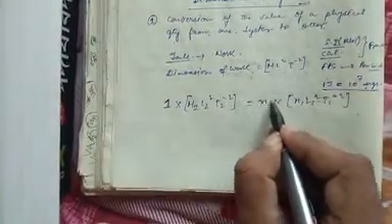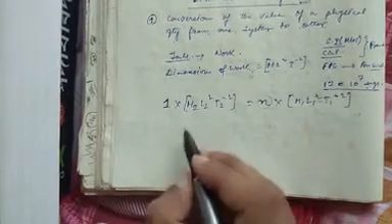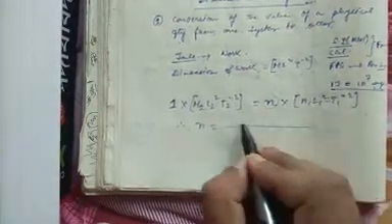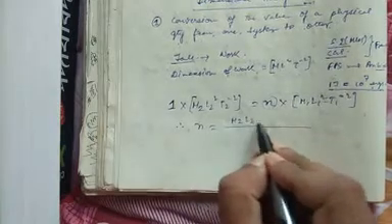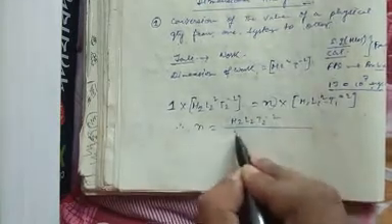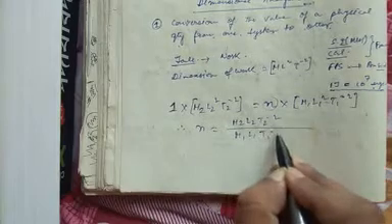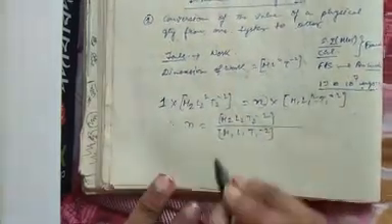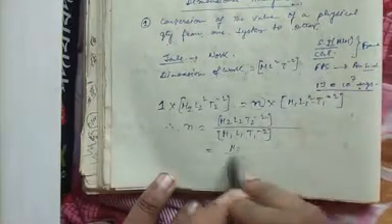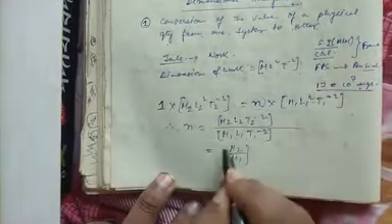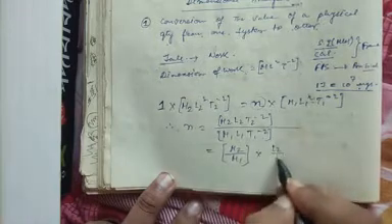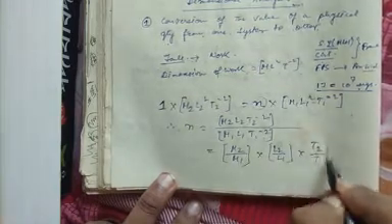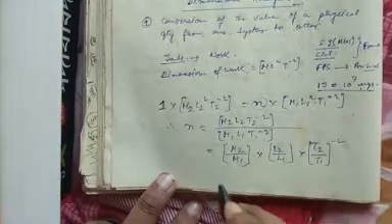Now we have to find out the value of N. Therefore, N is equal to M₂ L₂ T₂⁻² over M₁ L₁ T₁⁻². So M₂ by M₁, L₂ by L₁, T₂ by T₁.